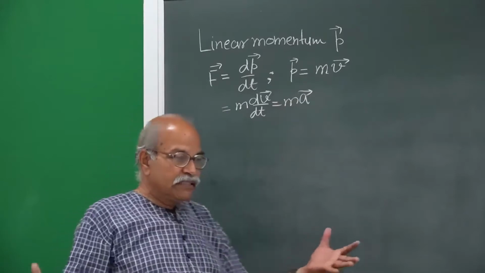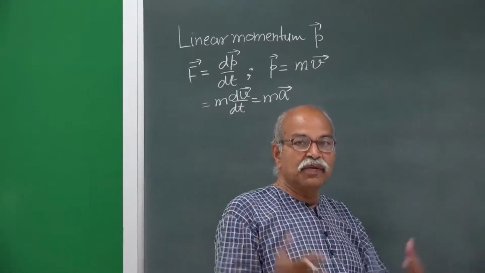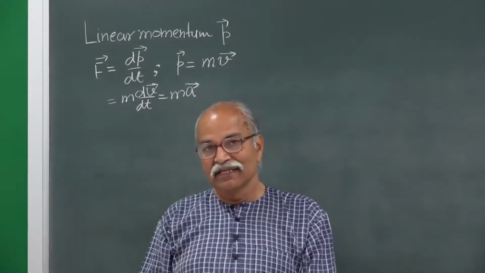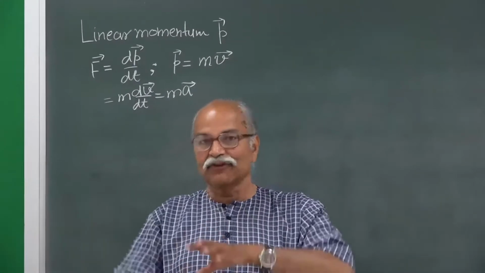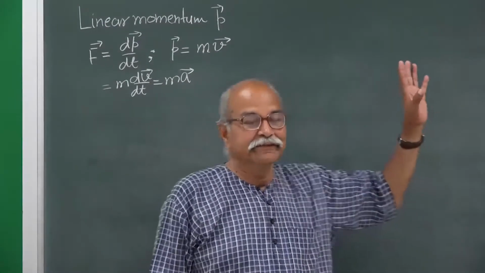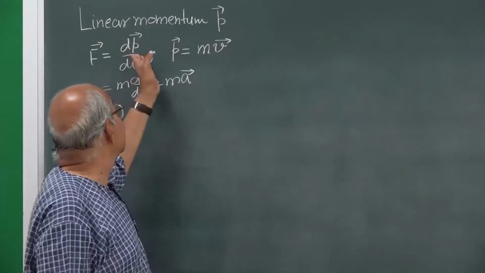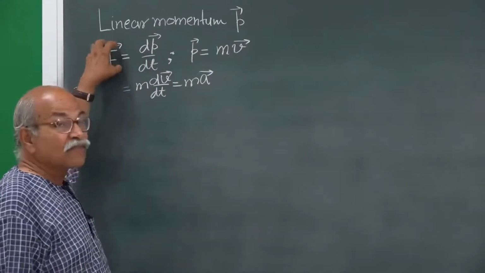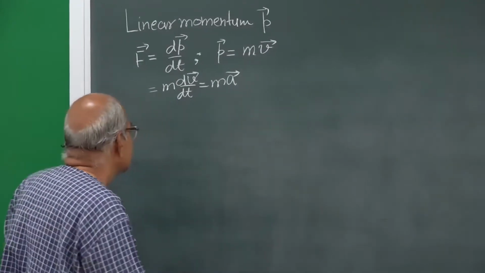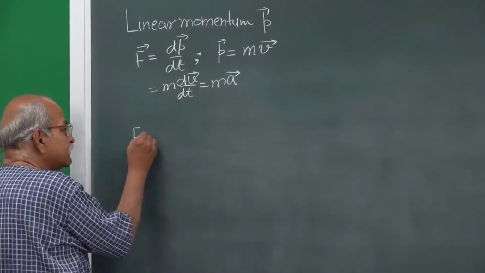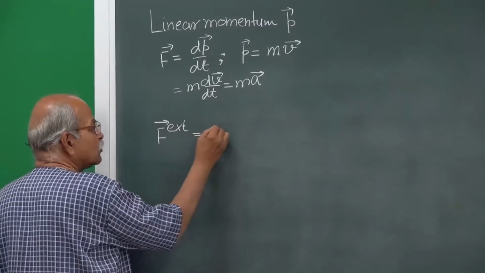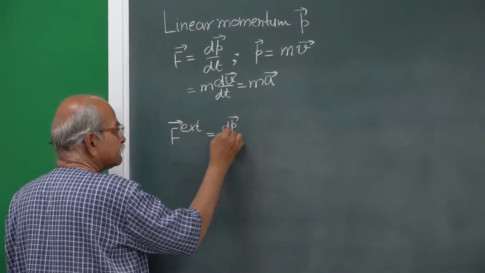And if you have a system of particles, a collection of particles, and there are forces on these particles from each other and from outside, then this equation is still valid, but then this F is the total force, all taken together, and you call it F external, that is equal to dp/dt.